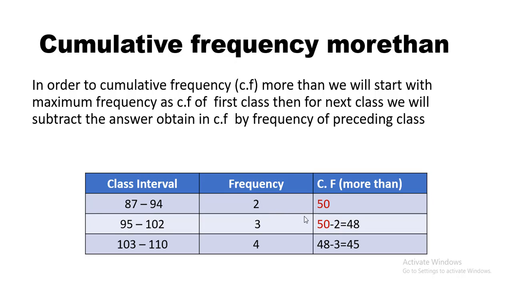So 50 minus 2 is 48. 48 carried forward minus preceding frequency 3 is 45.